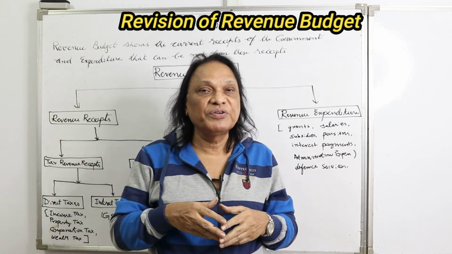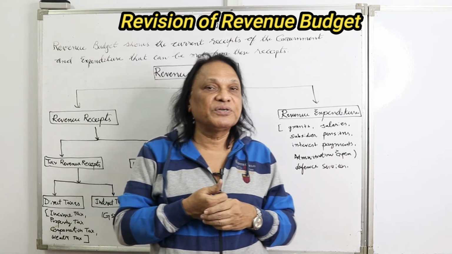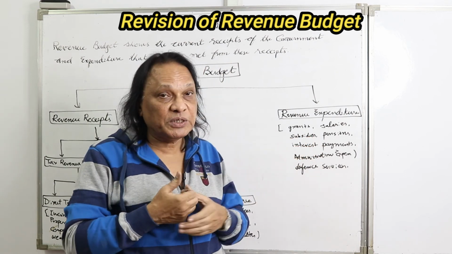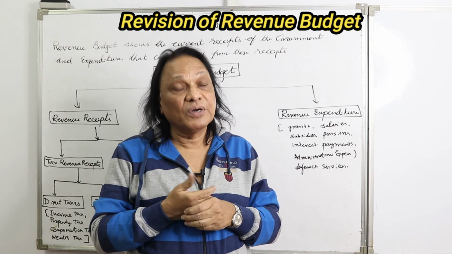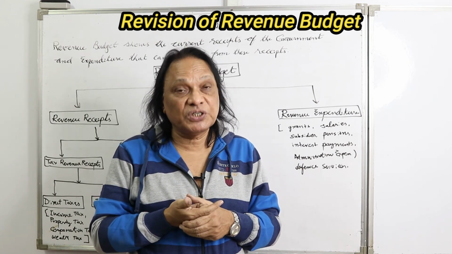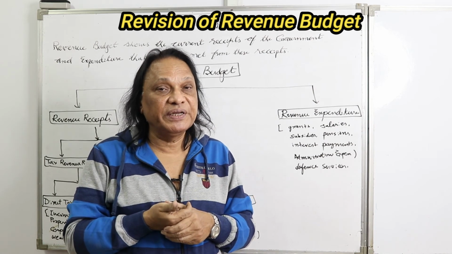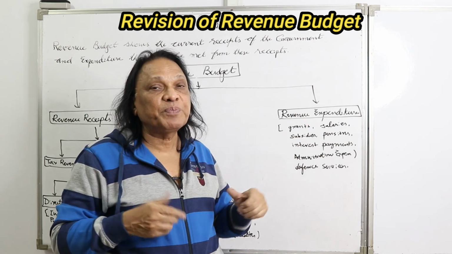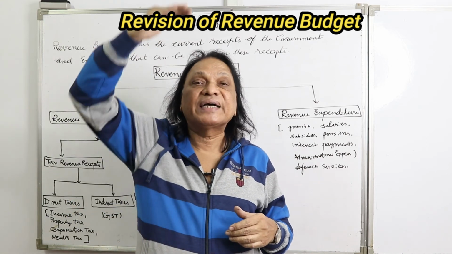Now, those are the revenue receipts. And revenue expenditure is when the government spends money on scholarships, unemployment allowance, pensions, government employees' salaries, defense personnel, administration of the government, and subsidies. So how do you define revenue expenditure? It neither increases the assets.